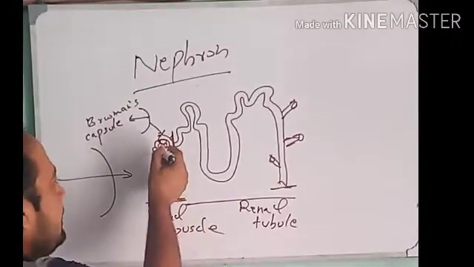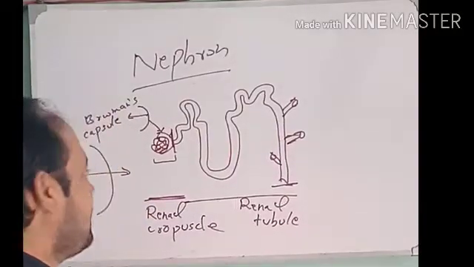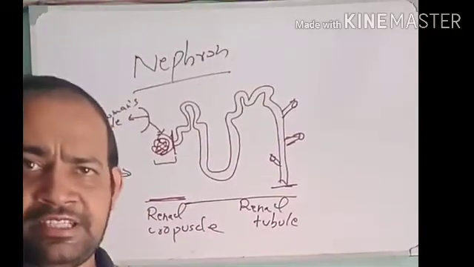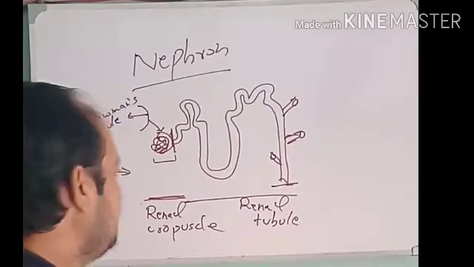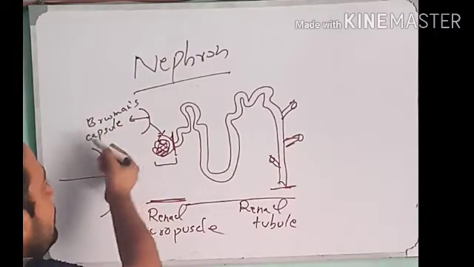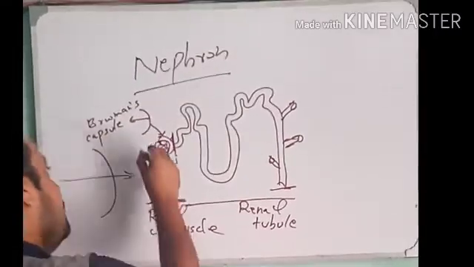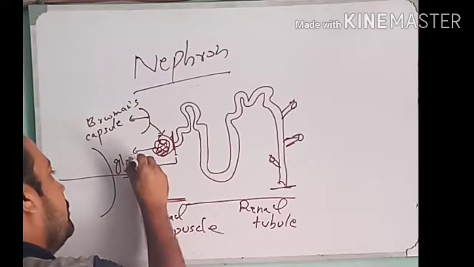And inside the capsule, it is not food. Actually, it is a mesh of blood capillaries. Very small blood capillaries, blood vessels, are present inside or around the Bowman capsule. All of these together are called glomerulus.